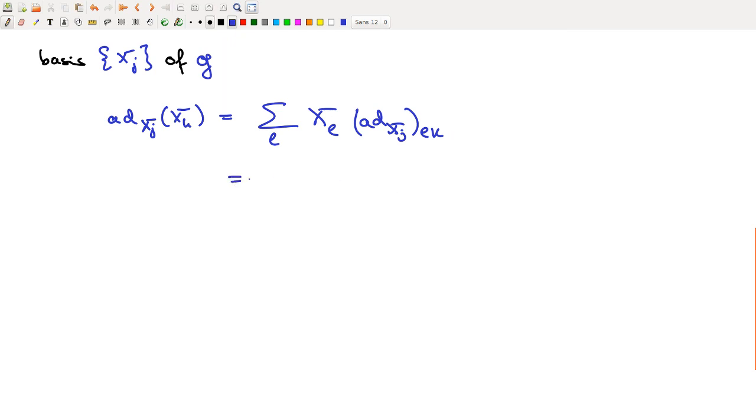Now, on the other hand, we know how this is defined. It's x_j with x_k, the Lie bracket, but that's just the sum over l. And now here come the structure constants, C^l_{jk}, x_l. And now we can compare here and here. The structure constants are the matrix elements of this representation.